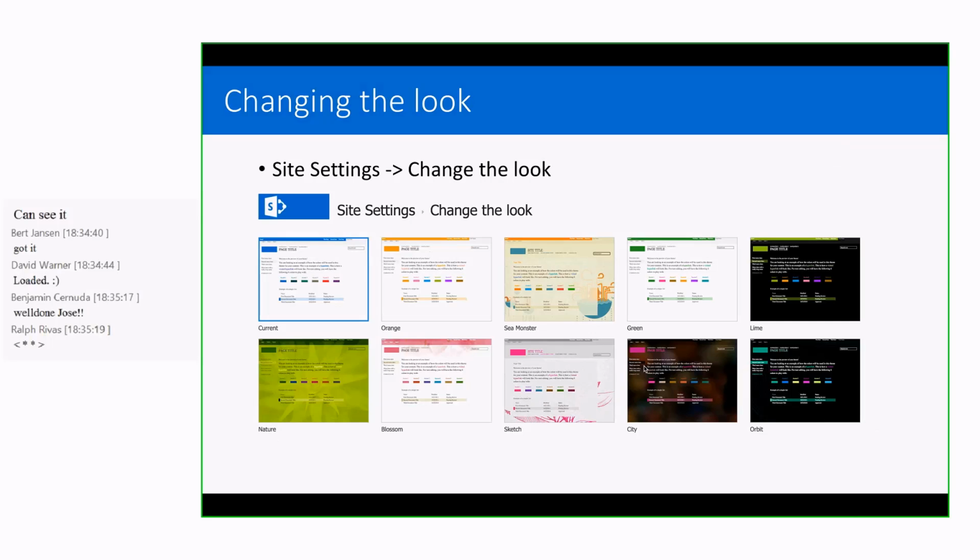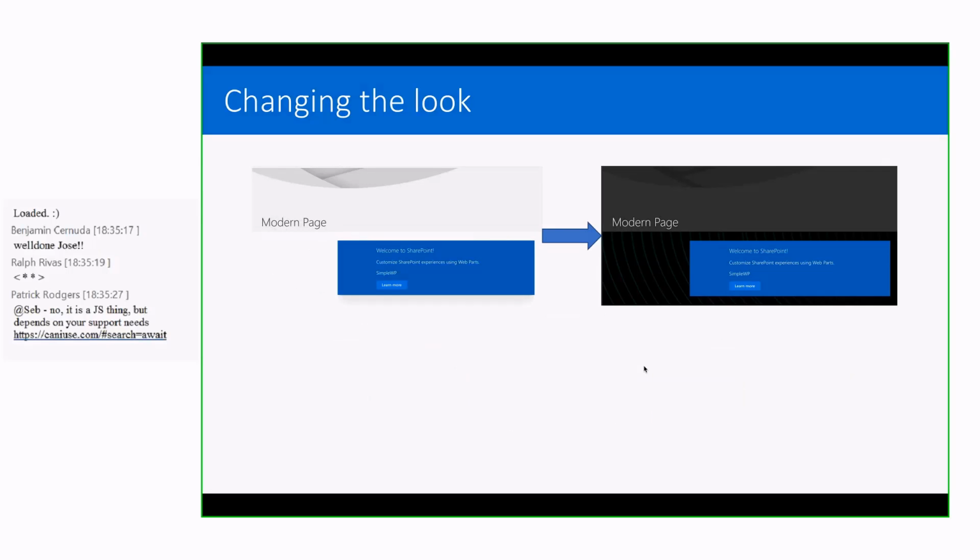They can go to site settings, change the look, and select from available themes, like out-of-the-box themes or some custom themes that were added by administrators and SharePoint developers. And all the themes differ significantly in color schemes. And as a user changes the theme, colors and images on the page may change as well.